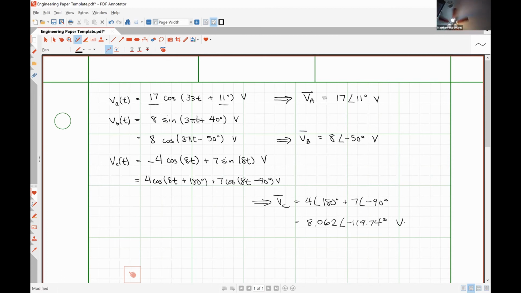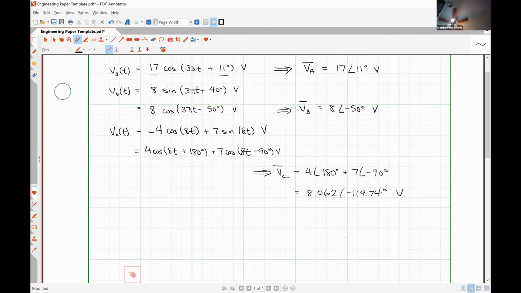So we're always working under the assumption that we're going to have positive magnitudes and cosine functions. You need to convert your signal to have a positive magnitude by effectively multiplying by a phasor 1 angle 180 or 1 angle -180. And you also need to convert all of your sines to cosines by simply subtracting 90 degrees from the phase angle. So that's converting from the time domain to the frequency domain.